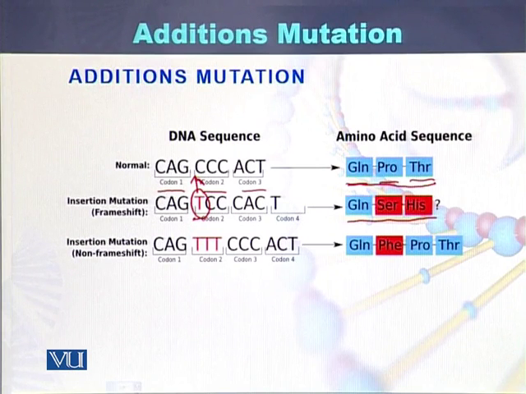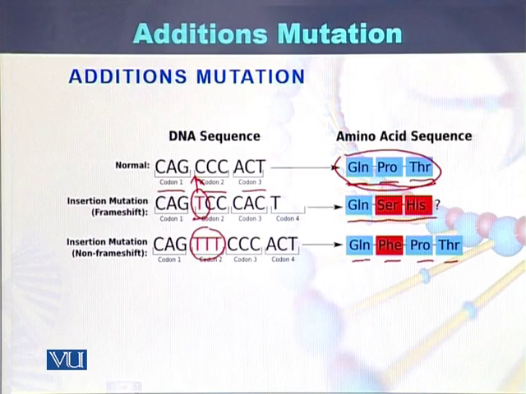But in the second example, there is addition of three nucleotides. Three nucleotides have been added in the normal sequence of the DNA. As a result, the sequence of the amino acid will be different even from the previous example. The original sequence was this one.